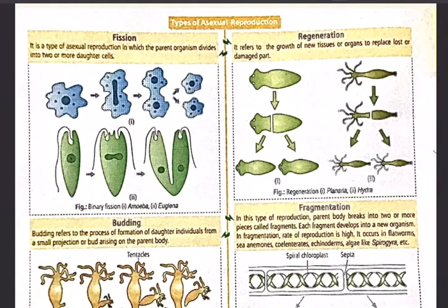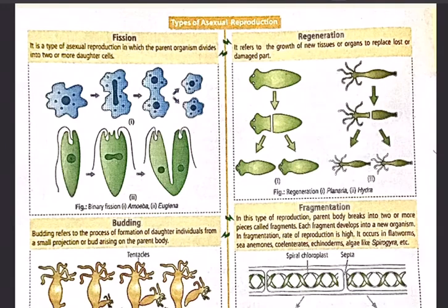So the special ability to regain the lost part is called regeneration. Again and again, generation, producing. What is producing again and again? The part that is lost. So here it refers to the growth of new tissues or organs to replace lost or damaged parts.